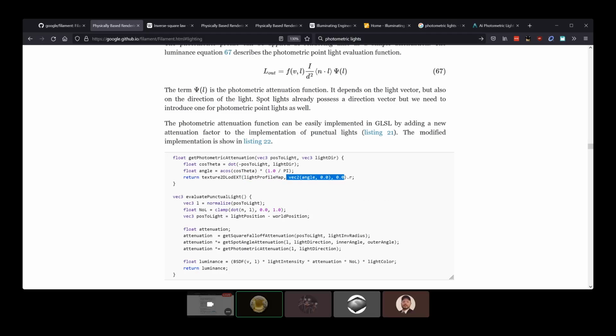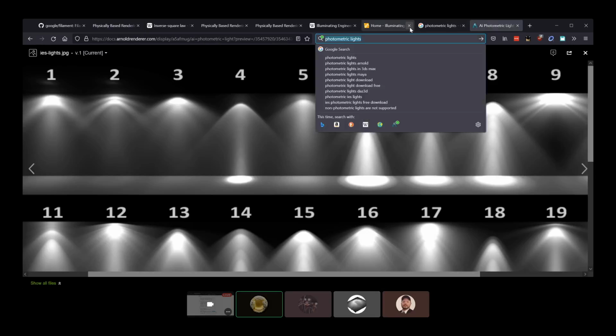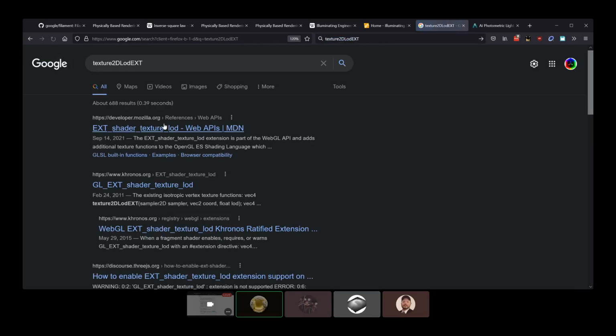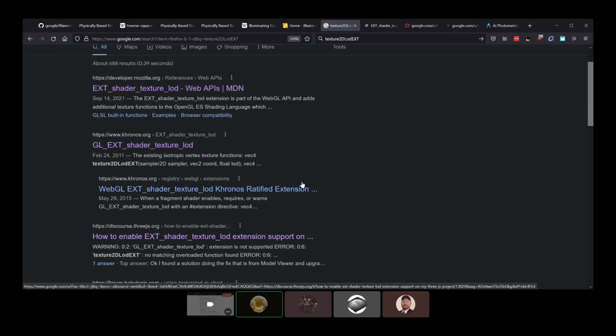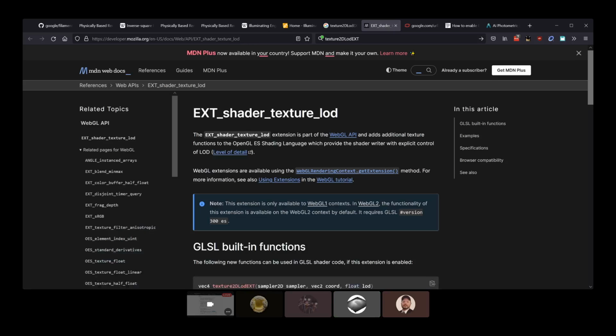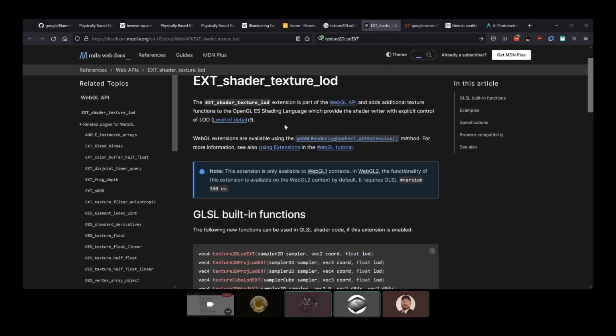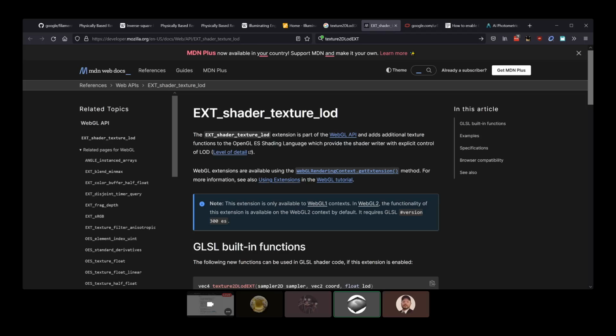It's an extension, shader texture lod, in three.js. Oh, it's web stuff. Yeah, it's both web and core.